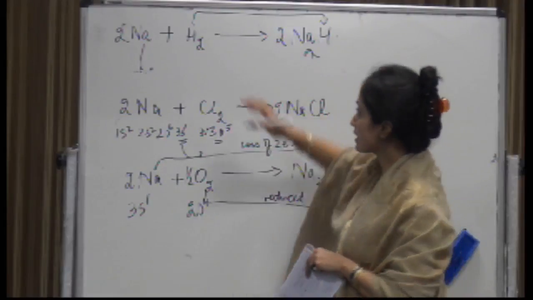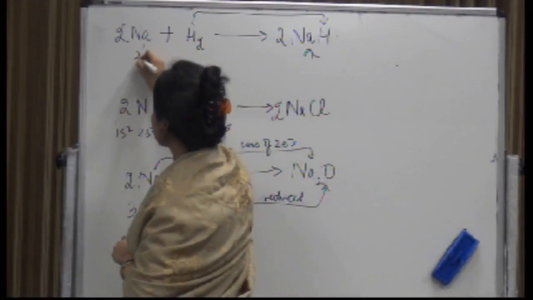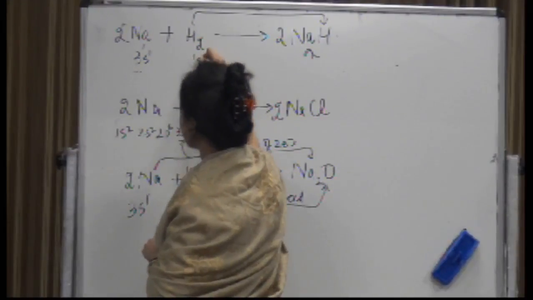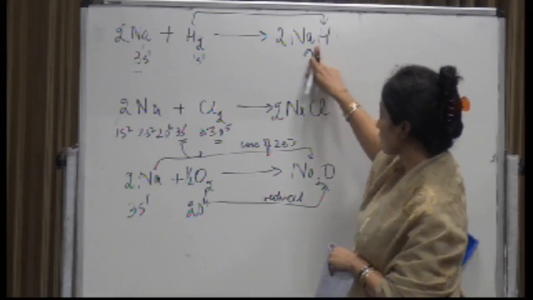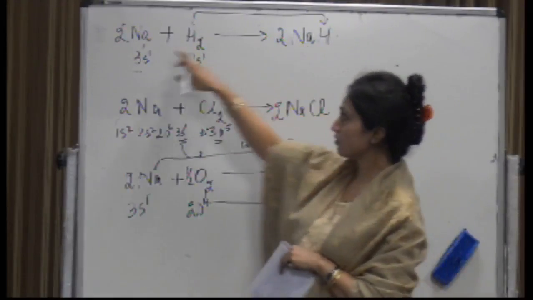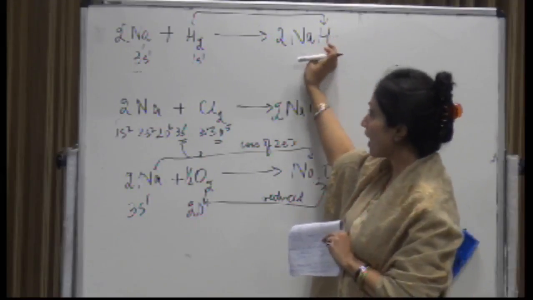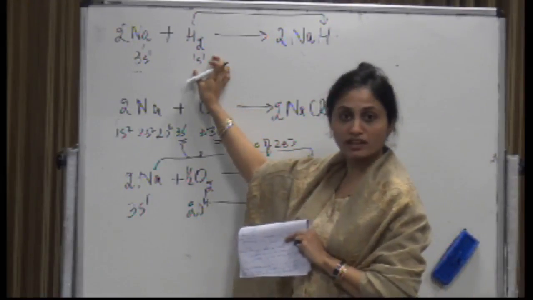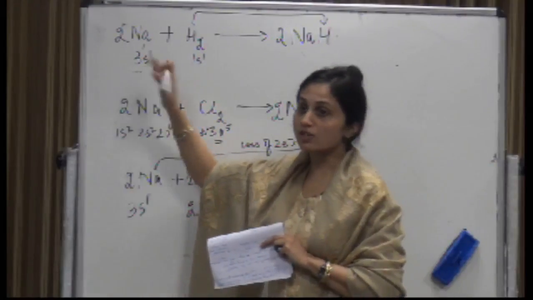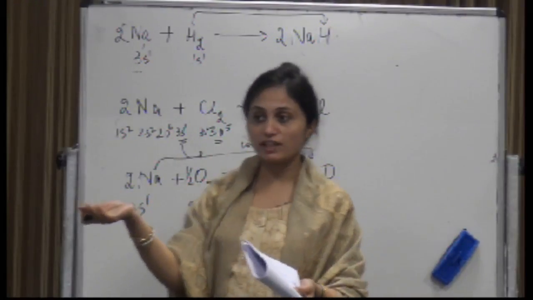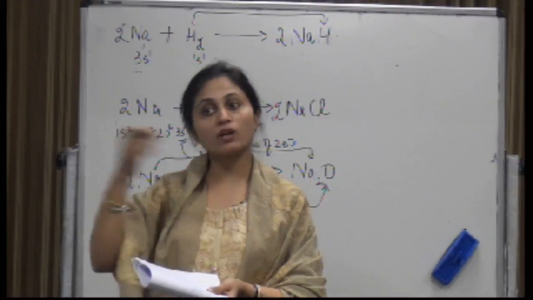Clearly, let us now look at this one. You have this as 3s1 and this as 1s1. We've used only one of the hydrogens here and one Na in the final molecule. That's easier to look at. Now hydrogen is capable of taking 1 electron more easily in comparison to sodium, because even if sodium takes 1 electron, it will become 3s2, but the octet will still not be complete.